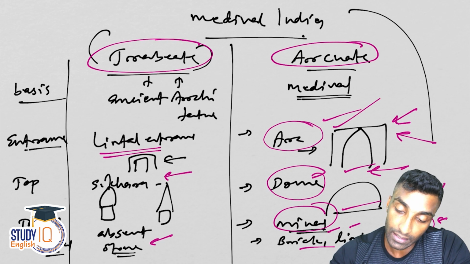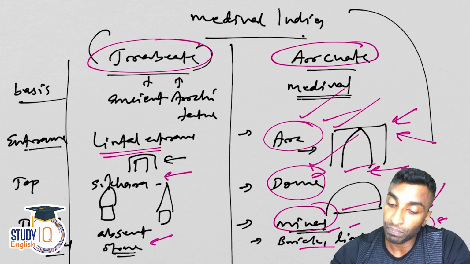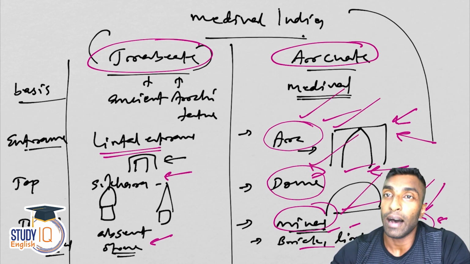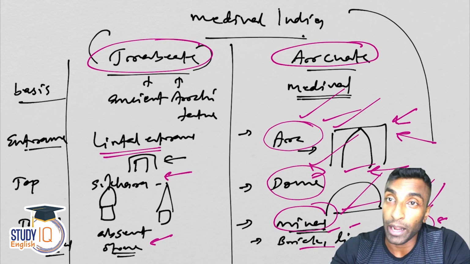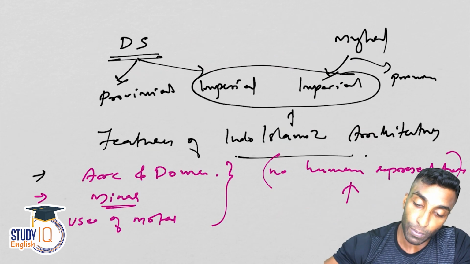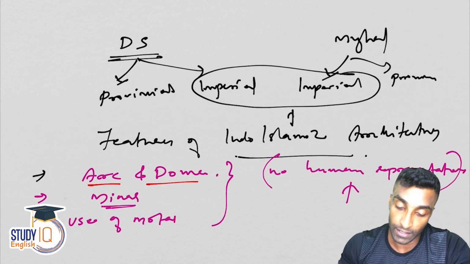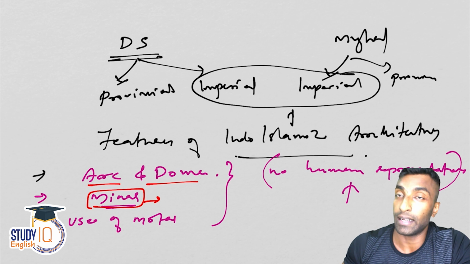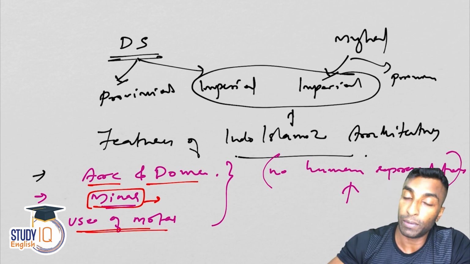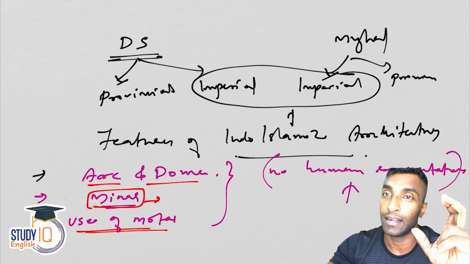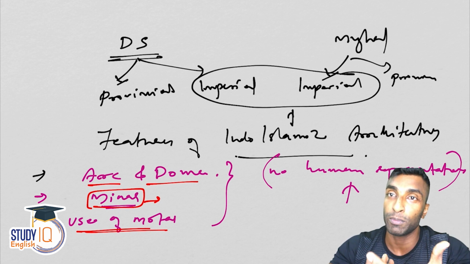So these things that we discussed, arc, dome, minar, mortar, are the features when it comes to Indo-Islamic architecture. So there is no need to have any confusion, right? Arc and dome are present. Minar, that is for Azan announcement. Use of mortar, that is nothing but the sand, cement and some small stones.